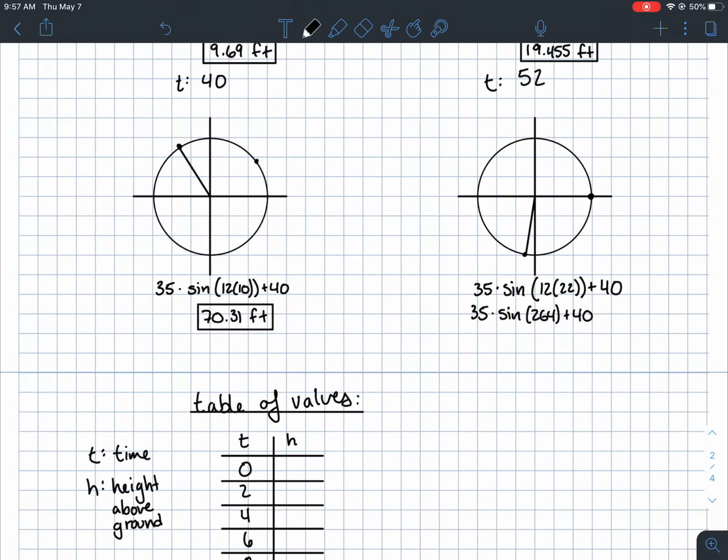Plus 40. And the sine of 264 is negative 0.994. We're going to times that by my 35 and then add 40 to that. And we're going to be at about 5.21 feet.